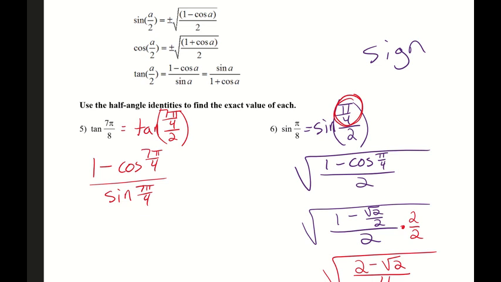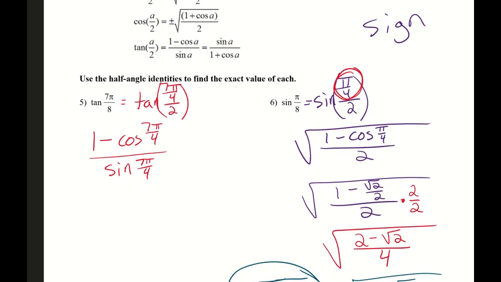So what we'll have is we substitute 7 pi over 4 in, and we get 1 minus root 2 over 2 divided by negative root 2 over 2.